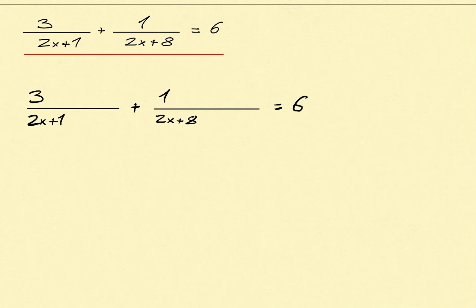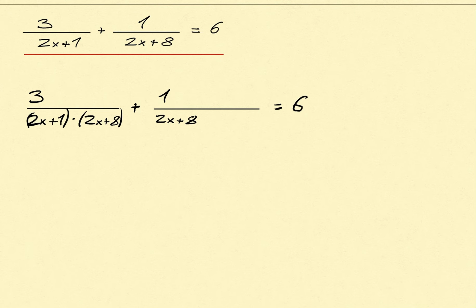Now, we want to have the same denominator. So if I multiply this value here in the denominator by this other denominator, I will get 2x plus 1 times 2x plus 8.